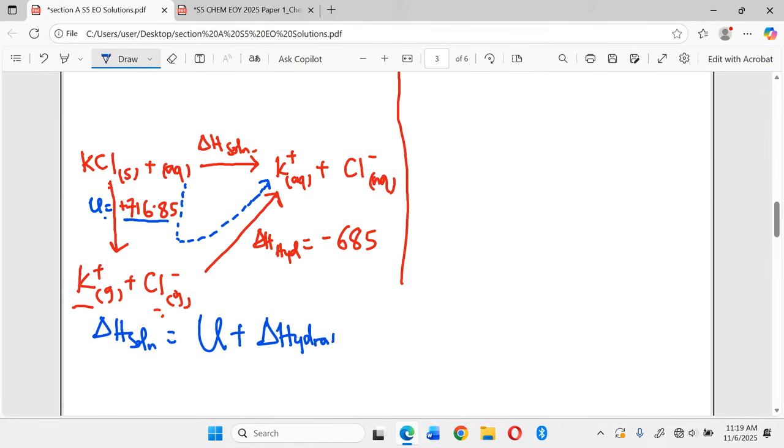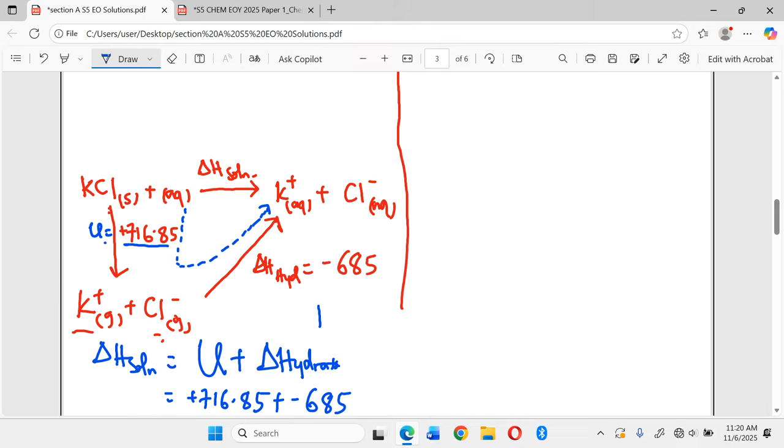So this will be positive 716.85. We add the one for hydration, which is negative 685. What will be our answer there? It will be positive 1.85 kilojoule per mole. So that will be our enthalpy of solution for potassium chloride.